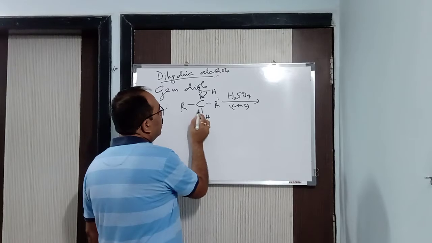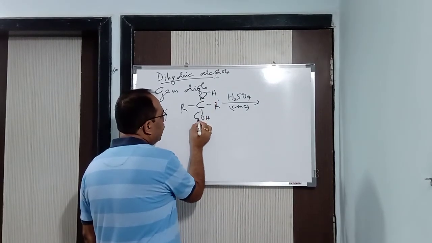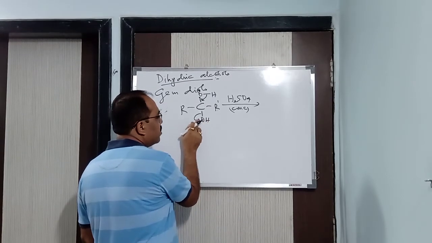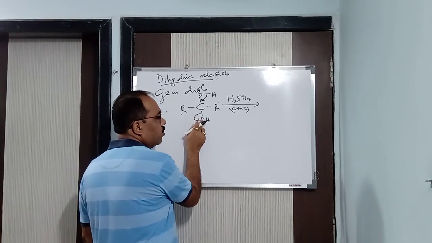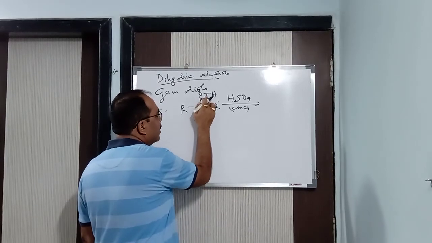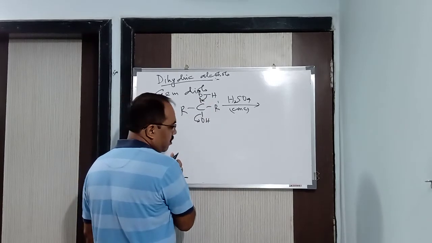So here, this pair of electrons comes here, so it becomes a double bond, and this pair of electrons comes here. Now why? Because OH is electronegative, it pulls the electrons towards itself. Oxygen is electronegative, pulls electrons towards itself, and it forms OH minus. As a result, here the pair of electrons comes here, and it forms H plus.